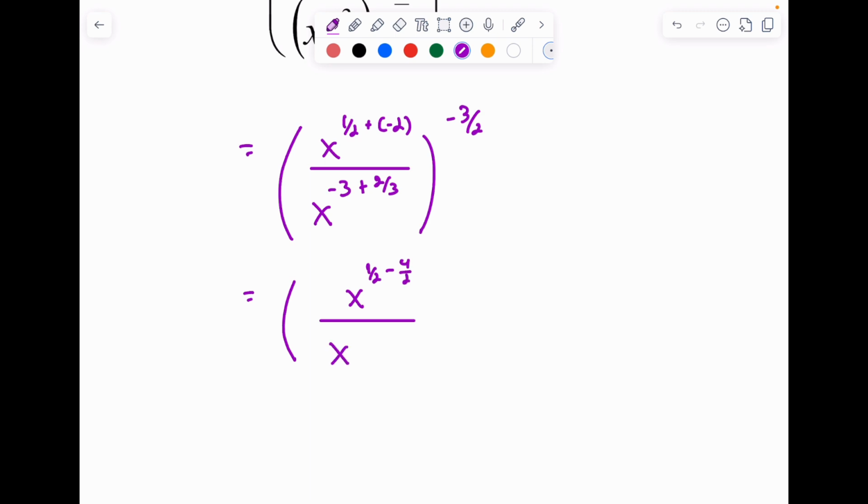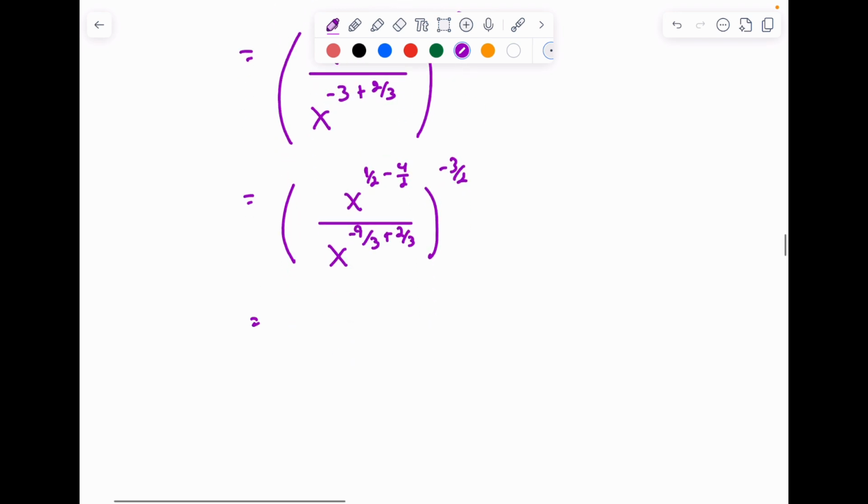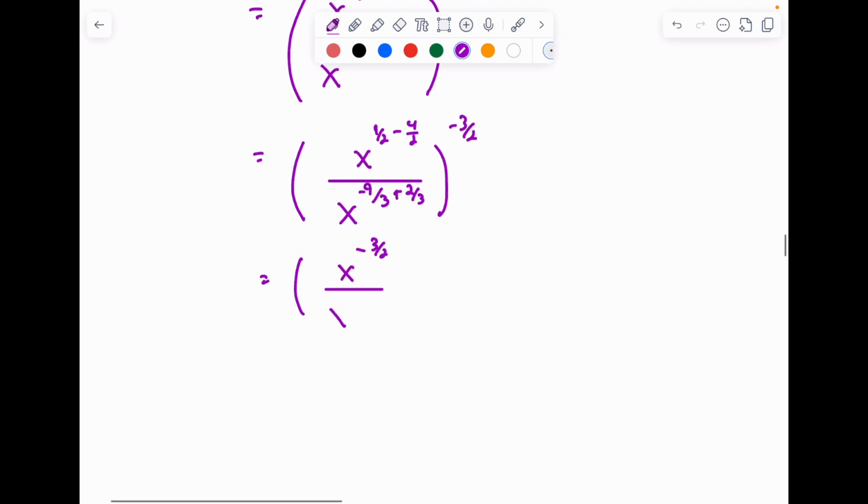On the bottom, this is going to be, when you get a common denominator, minus 9/3 plus 2/3. All still to the 3/2. So we have x to the minus 3/2 up top. And then we have, on the bottom, x to the minus 7/3. All to the 3/2 still.